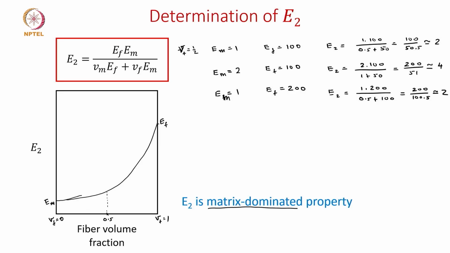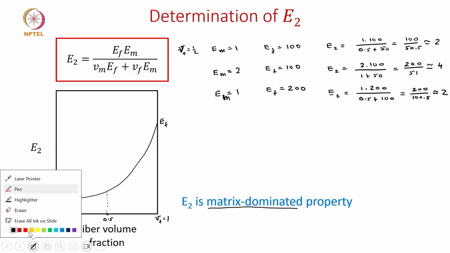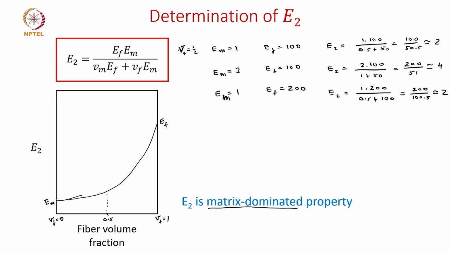Looking at the plot also, let's say the EF value is increasing. So this new curve, let's say with a different color, takes a trend somewhat similar to this. Actually it should not be touching the y-axis, but let's say it is going to much higher values. What I mean is, the variation or the delta here at 0.5 fraction is very small.